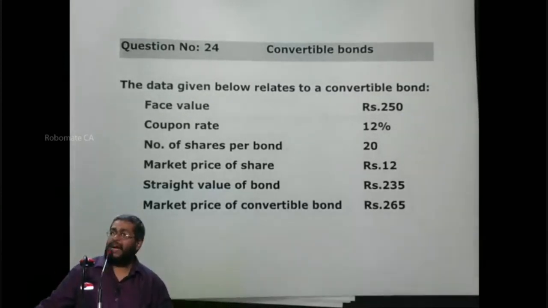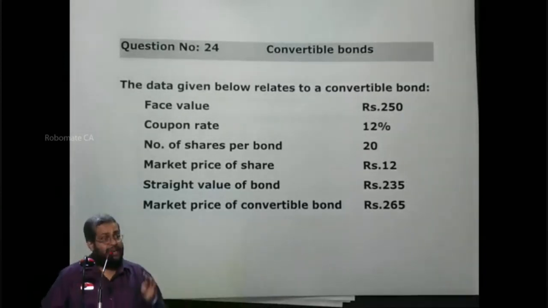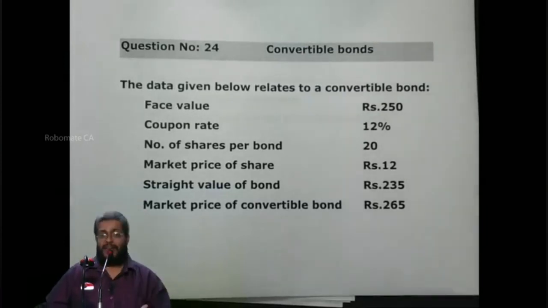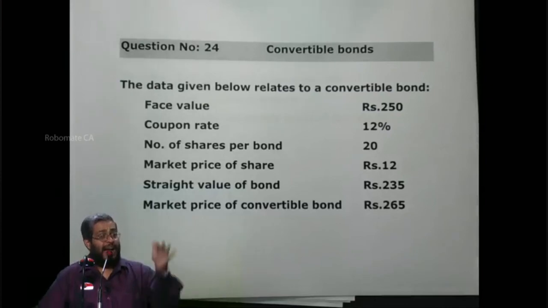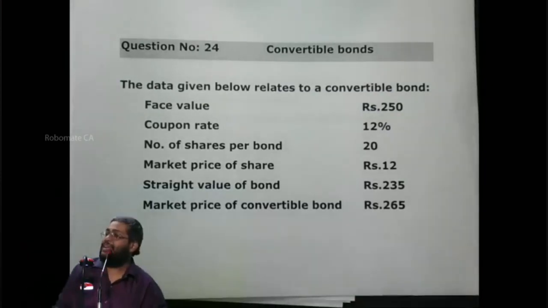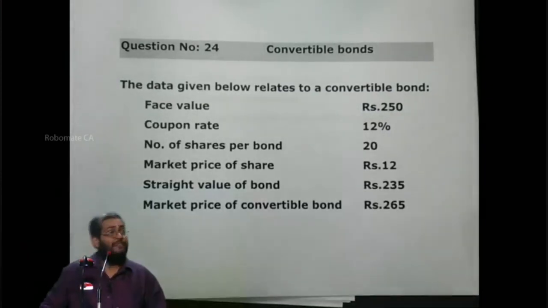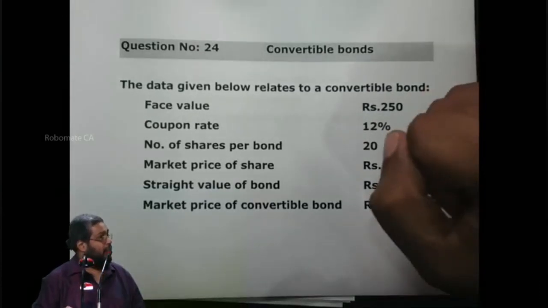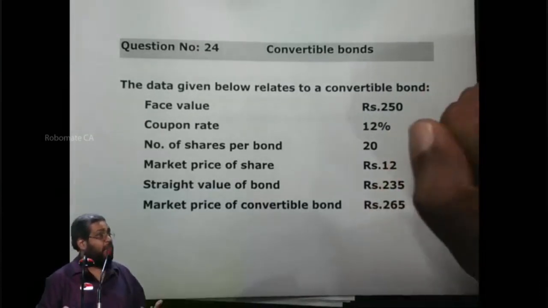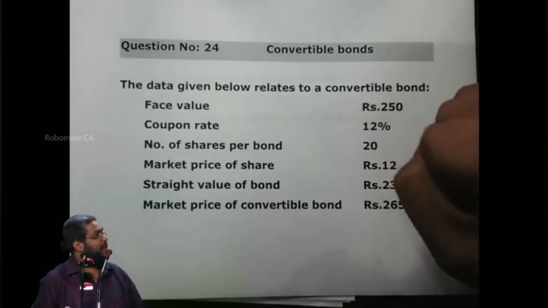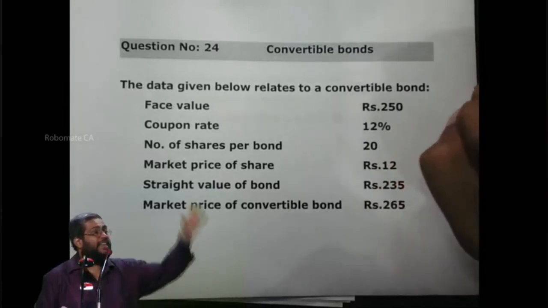Because when I buy the convertible bond, I have a twin advantage. I may be earning a certain income, and when the company prospers, I convert into shares. I am buying a share with a guaranteed income. For that I should pay a premium, not to the company but to the market. How much premium does the market charge for this particular convertible debenture? 25 rupees is the conversion premium.